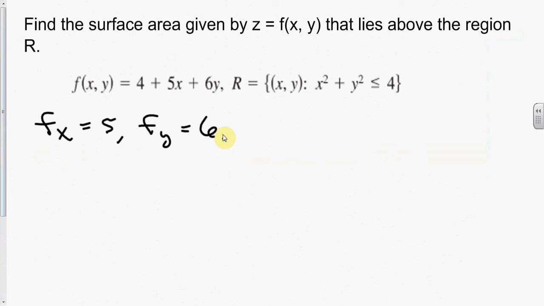You've got to find the surface area, right? Well, one component of the surface area is to find those partial derivatives. The other component is to find the area, dA. The area is based on the region. What's the region?